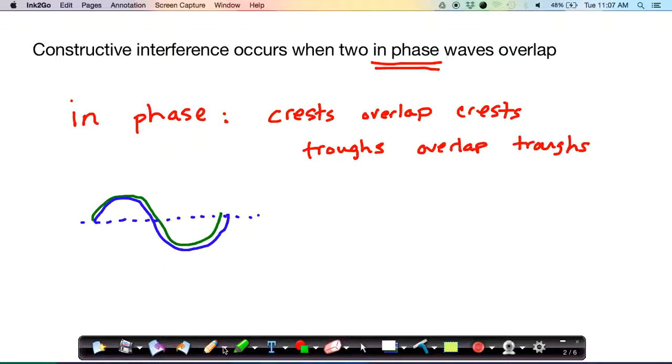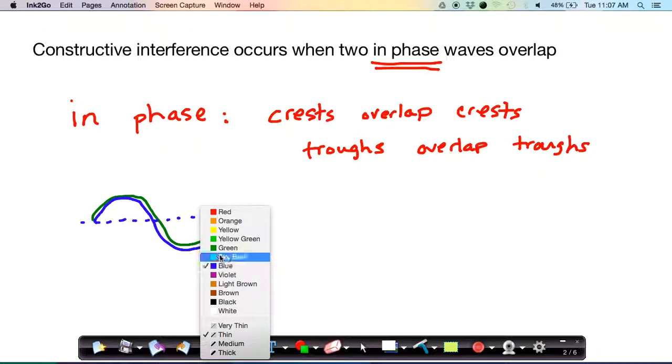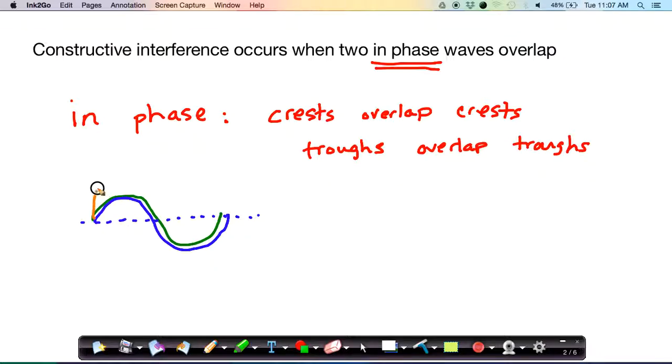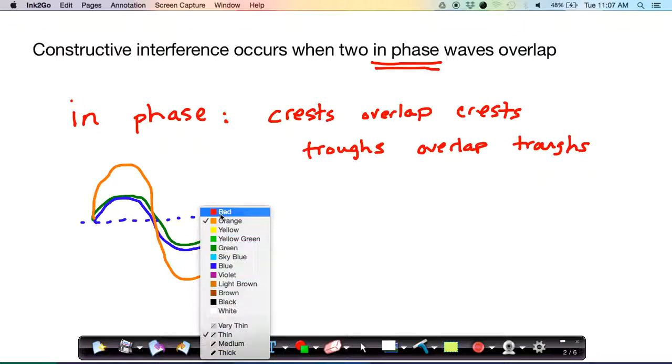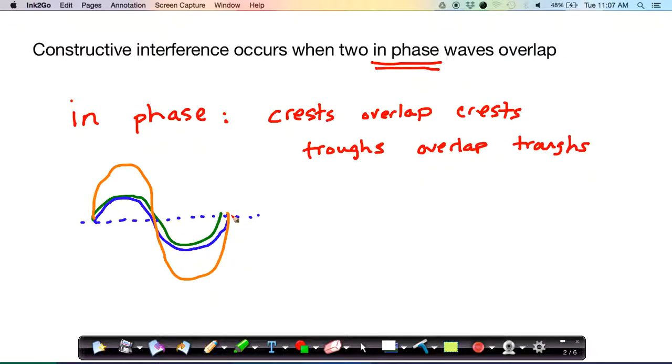The result of this type of wave overlap is going to be an increase in the amplitude of each wave. So the interference pattern is going to have a larger amplitude than either of the individual waves, as we see here in orange. And the way we go about finding this interference pattern for constructive interference is pretty straightforward. We're just going to take the sum of the amplitudes of the individual waves.